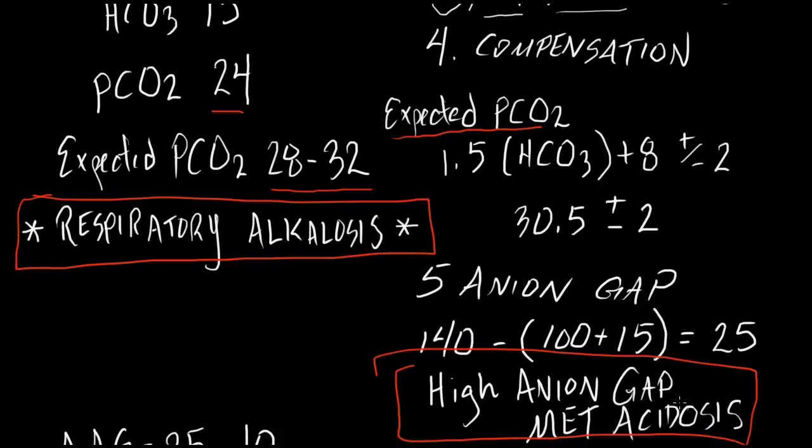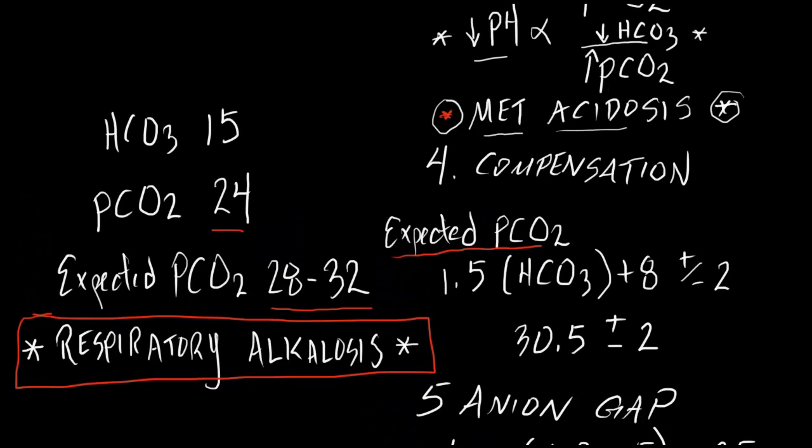High anion gap metabolic acidosis based on the fact that our anion gap was 25. A respiratory alkalosis based on the fact that our expected PCO2 was 28 to 32 based on the Winter's formula, and our actual PCO2 was 24.